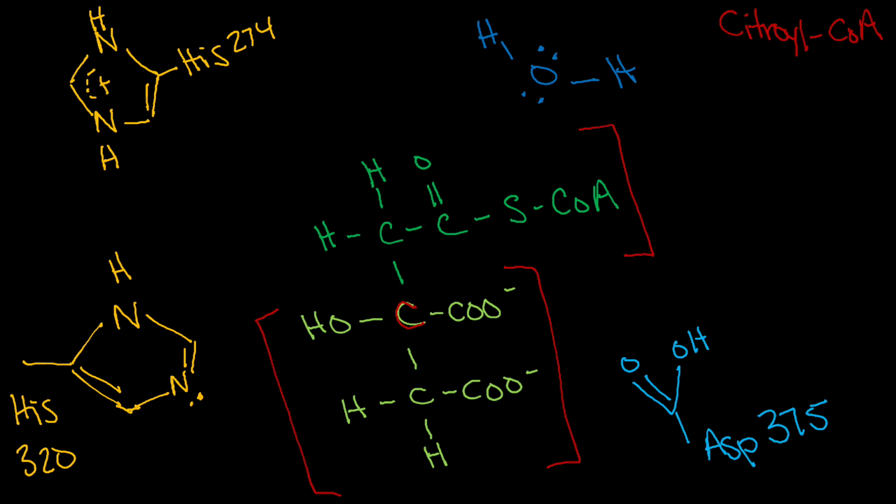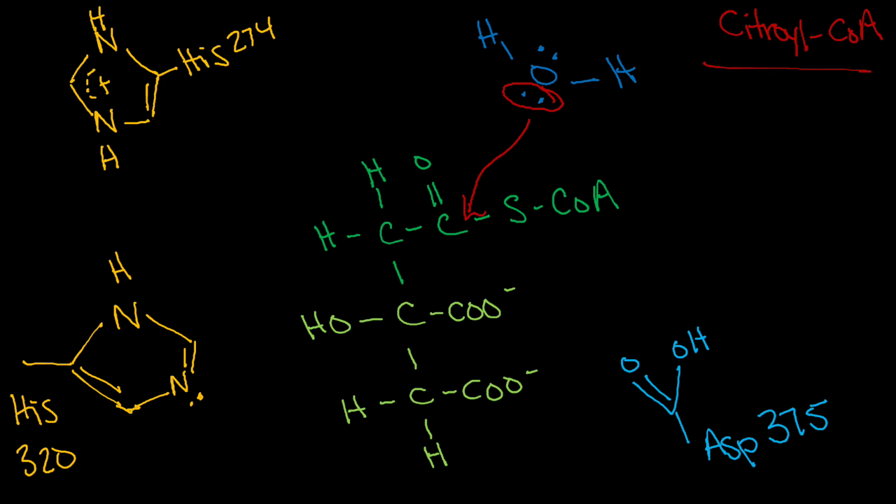So in the next step of this mechanism, we will see how that water is involved that we initially saw in the very beginning. So water is added to citrate synthase, and the lone pair on water will attack this carbon on the acetyl part of this citrate-CoA molecule.